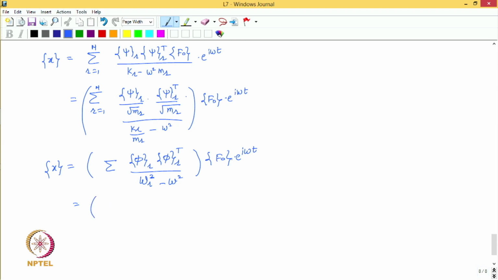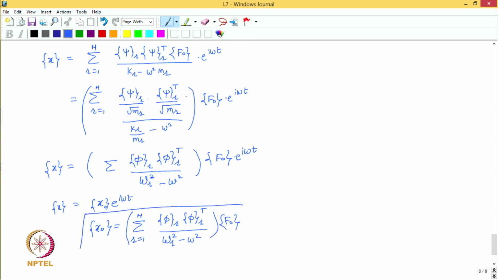This quantity can be written as x naught e to the power i omega t. So, we get x naught, which is the summation of phi r transpose divided by omega r square minus omega square, with r ranging from 1 to n, multiplied by f naught.